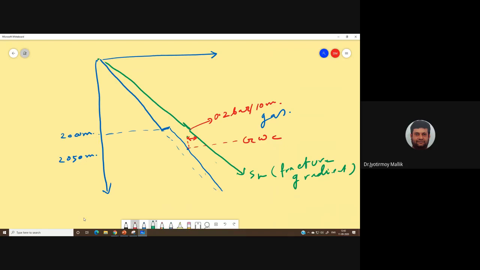But if the gas column continues all the way up to the fracture gradient, what I will observe is hydrofracturing of the rock. So my topseal might breach.